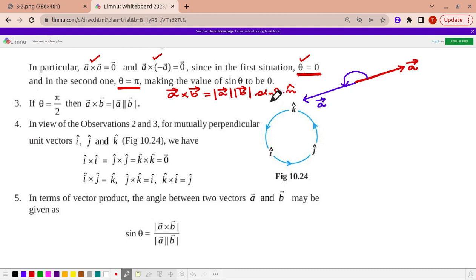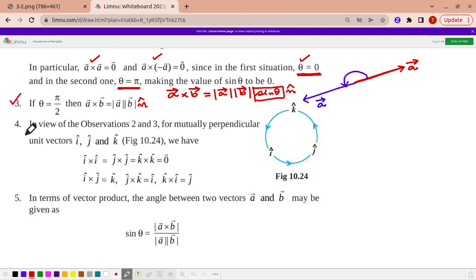Now if we put theta equal to pi by 2, then sine pi by 2 becomes 1, correct? So then A cross B becomes mod A mod B n cap, where literally we should write 1 n cap. So that is the third point.